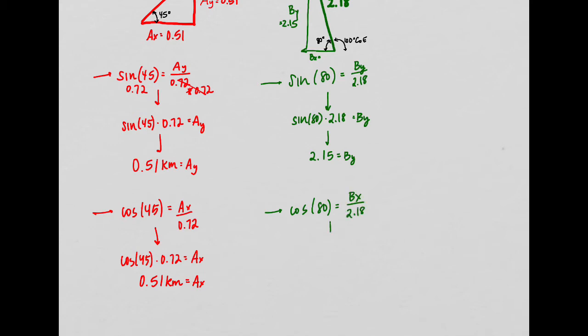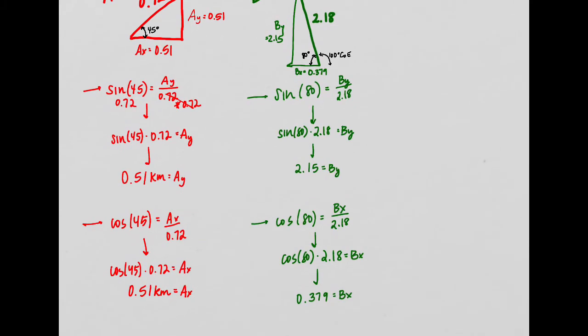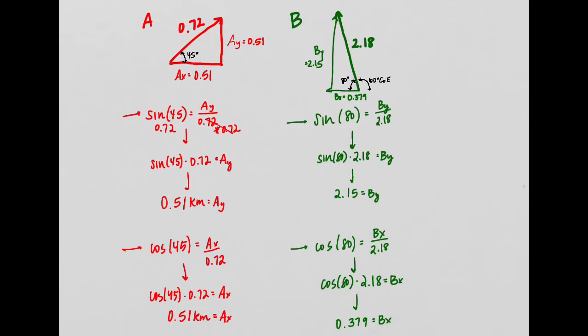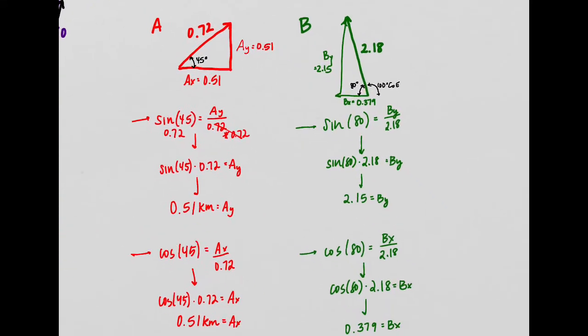When we rearrange and solve, we find that BX is equal to, we have three significant figures, so we're going to say 0.379 kilometers.